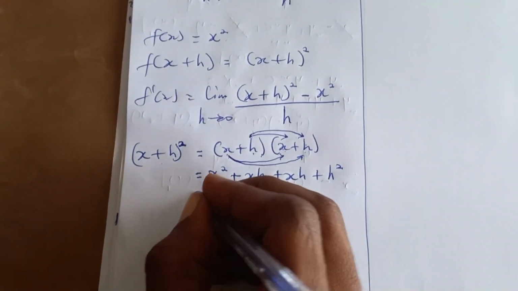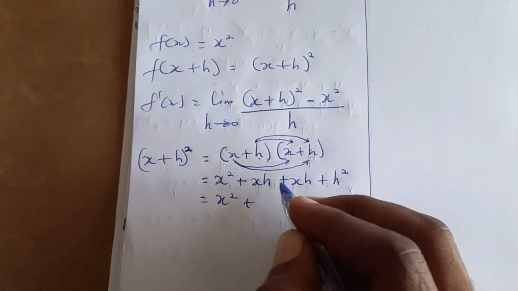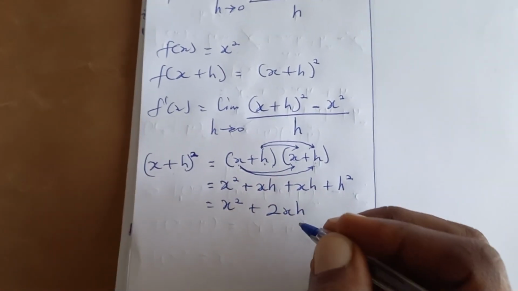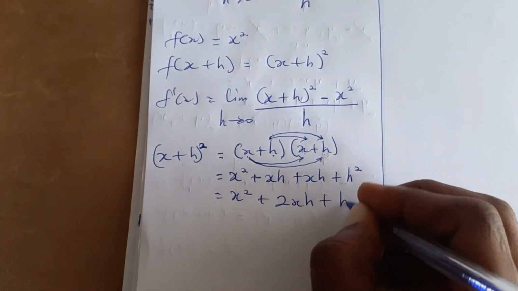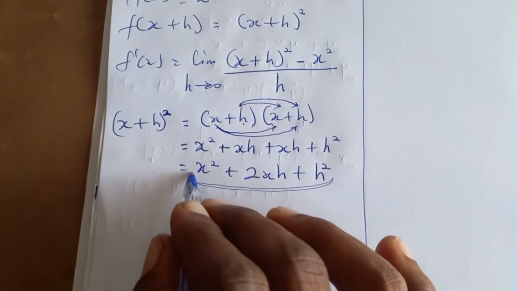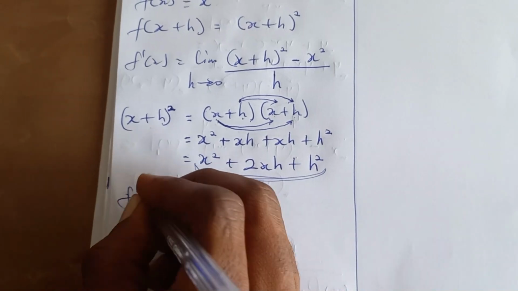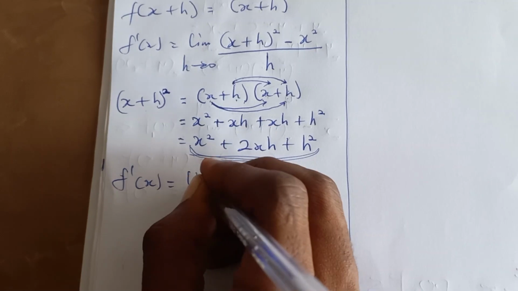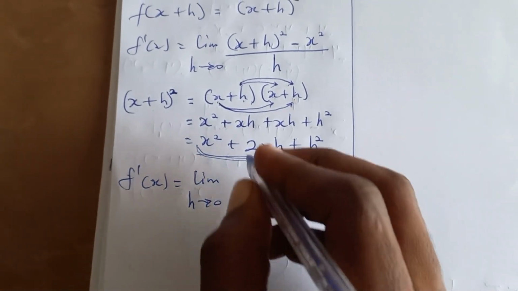So to simplify this, we get x squared plus xh plus xh, we get 2xh, okay, plus h squared. So we can now put this back in our formula. So we can say that f prime of x is equal to the limit as h approaches 0 of this.